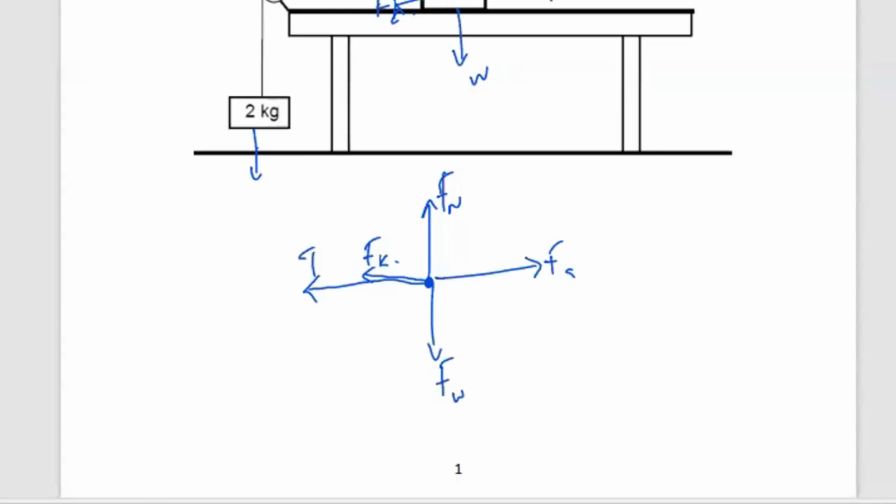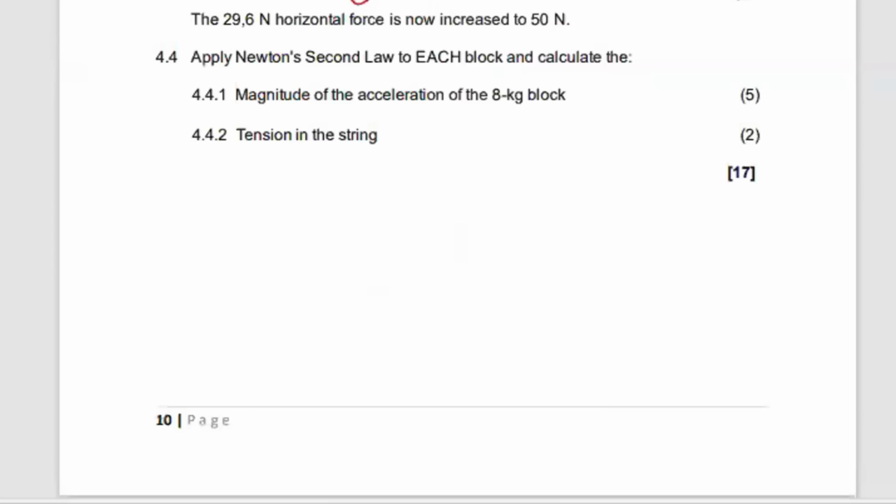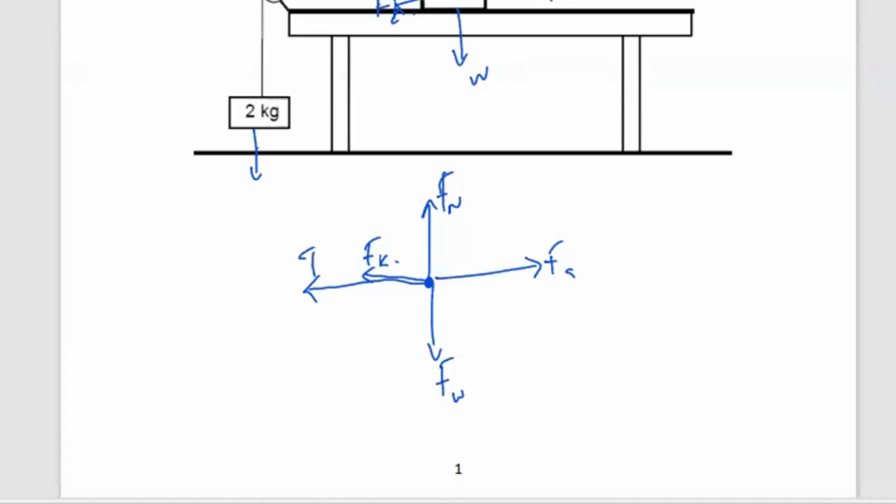Then the applied force minus the frictional force minus the tension should give us ma. So this is going to be 29.6 minus the frictional force, which they told us is 10 newtons, minus the tension is equal to 0. Move the tension that side, so tension becomes 19.6.